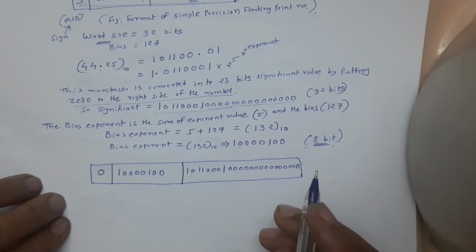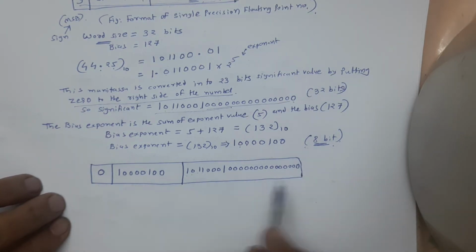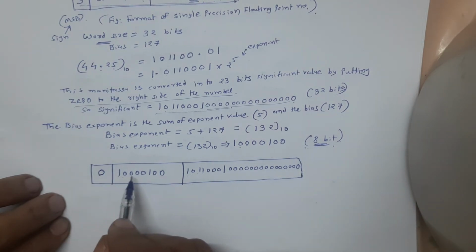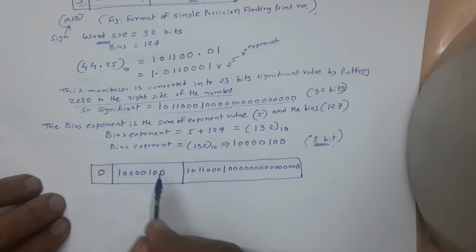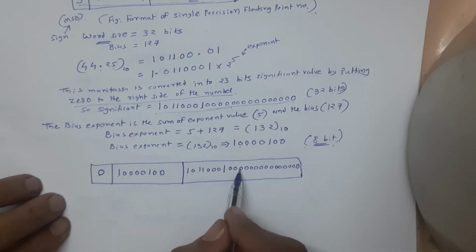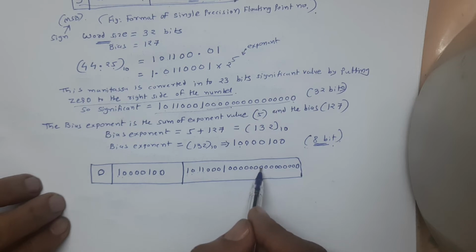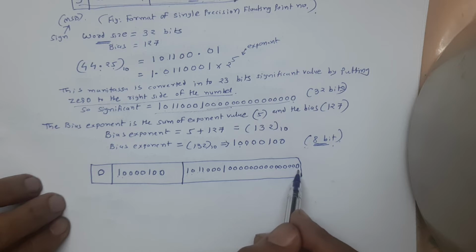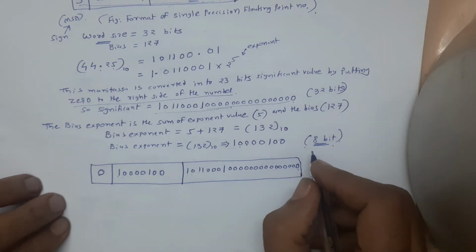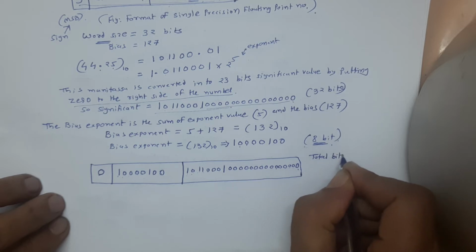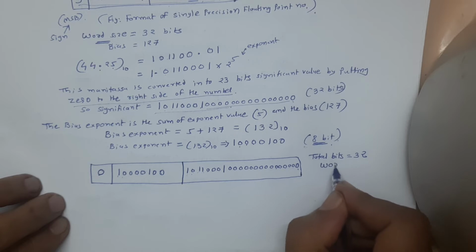In this way, the total number of bits is equal to 32, which is known as the word size.